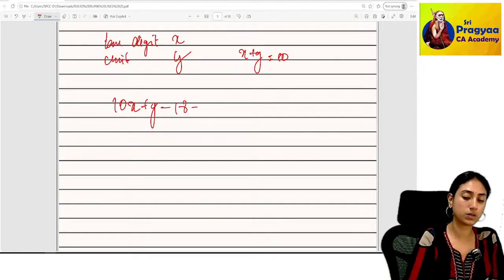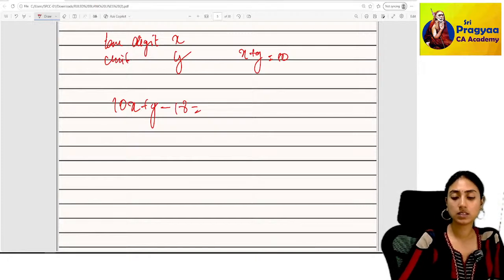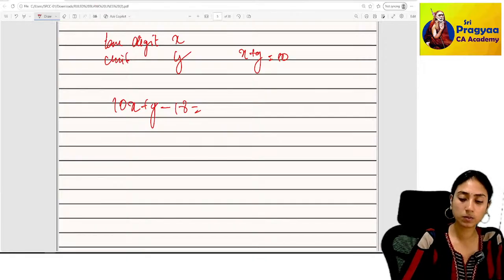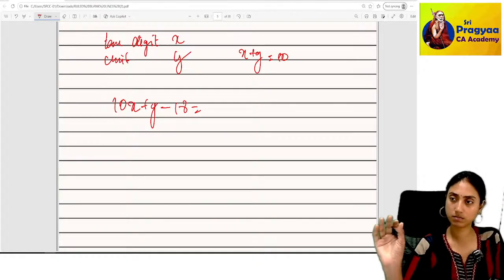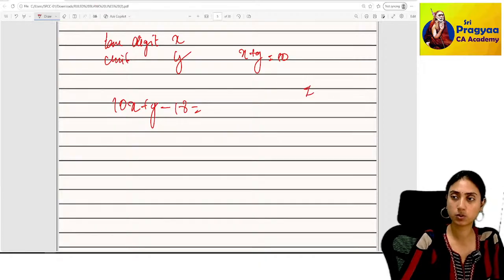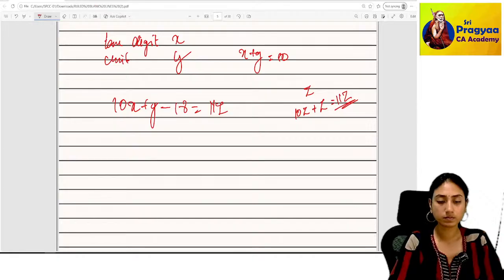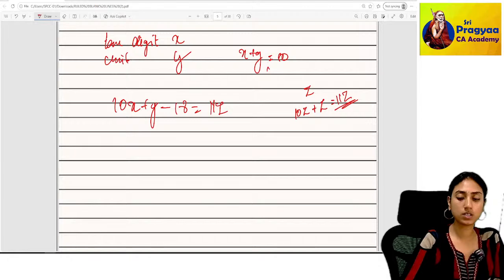Minus 18 is equal to? So x and y will be the same in that case. Assuming the reversed number, take it as yz. Okay? So 10z plus z is equal to 11z, which is nothing but this one. And then what is y? y is equal to 10 minus x.